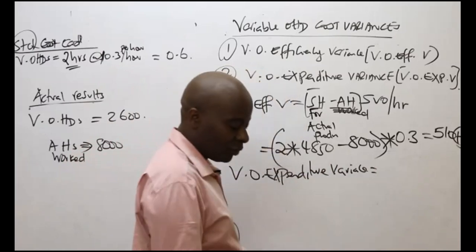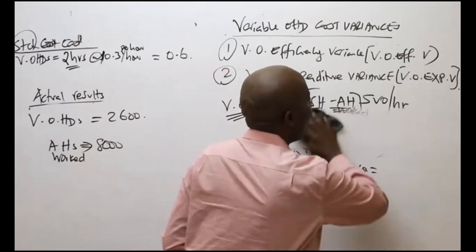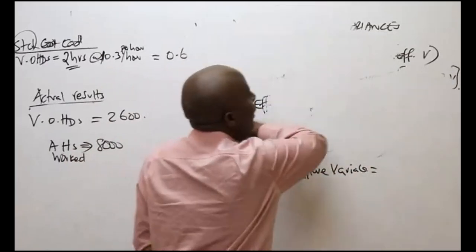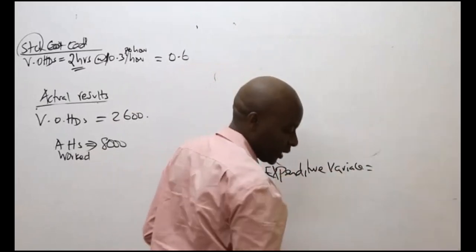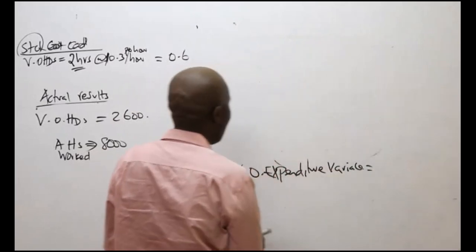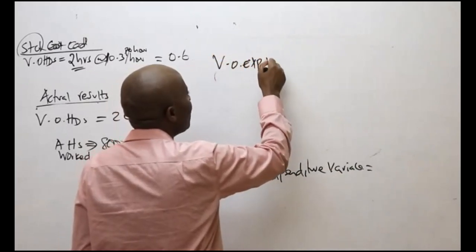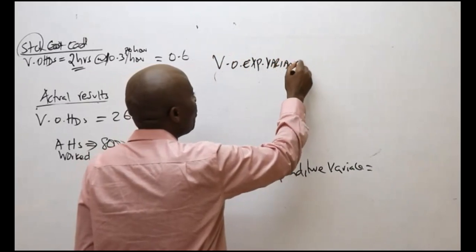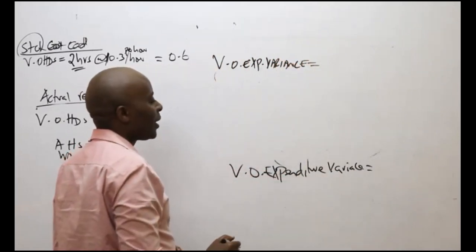For variable overhead expenditure variance, what do we have? I love this one because this formula has got some certain fruit that I really love. How do we get it?